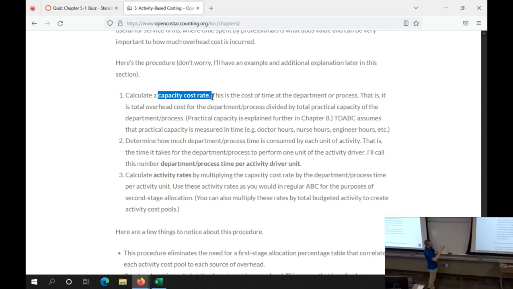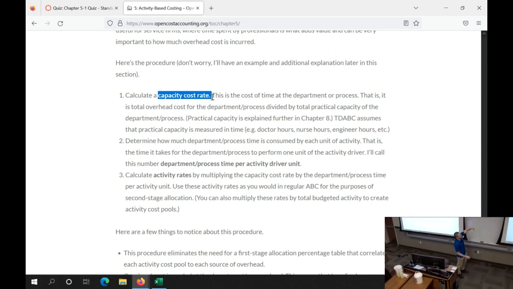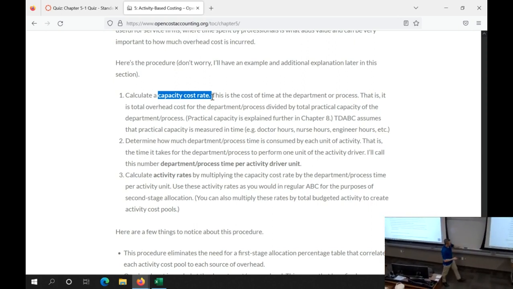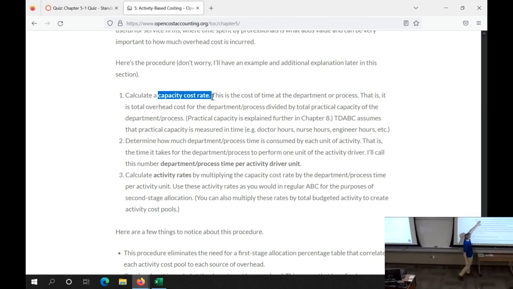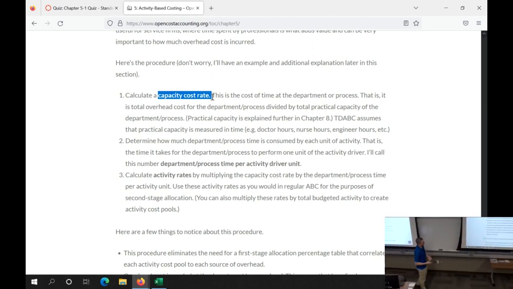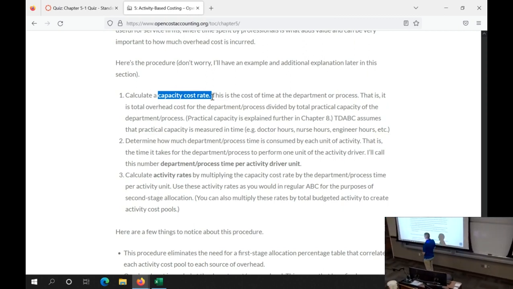But the point is, it's called time-driven activity-based costing because the first step is to take all overhead costs, meaning everything we don't trace directly to products or cost objects, and divide it by the expert or other constrained time. The practical capacity is measured in time. So how many doctor hours, nurse hours, engineer hours, machine hours is available during a given period of time.